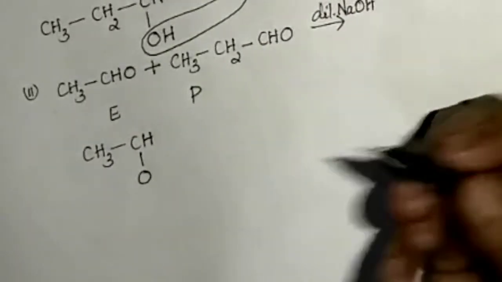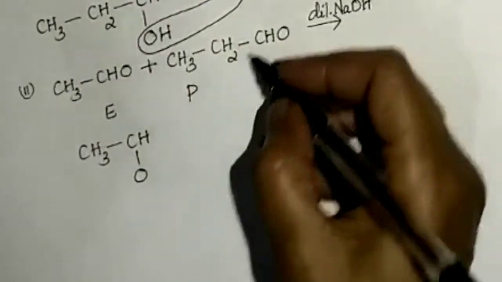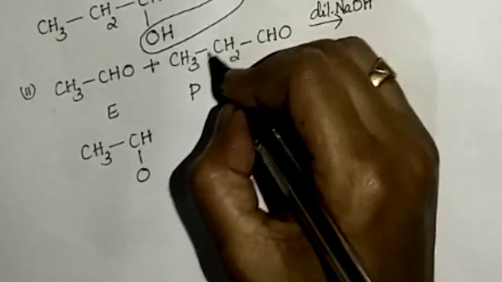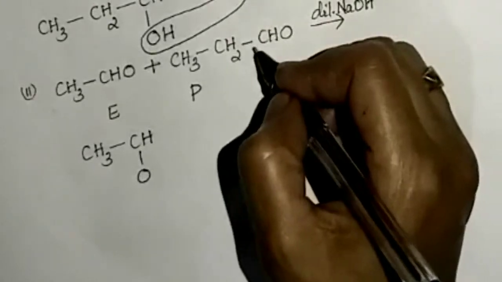Then CH3CHO. Then find out the alpha carbon and hydrogen from the second aldehyde.